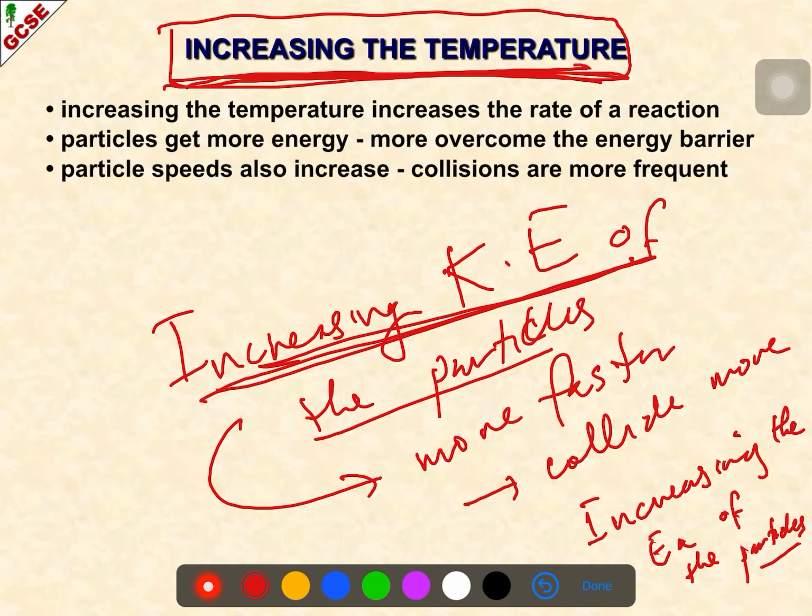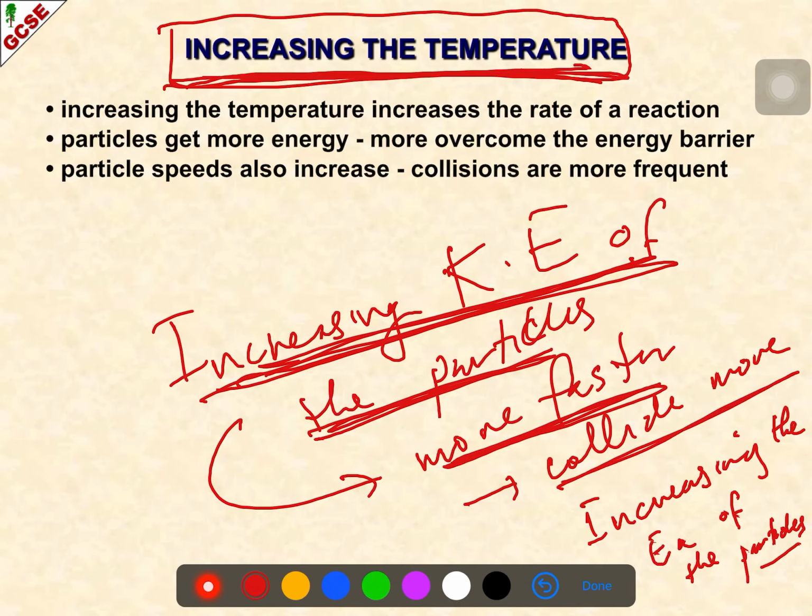So when you are increasing the temperature of the reaction, two things will happen. You increase the kinetic energy of the particle, and when that happens, the particle will move faster, and when they move faster, they collide more. Okay, and then aside from that, when you are increasing the temperature, you're also increasing the activation energy of the particle.